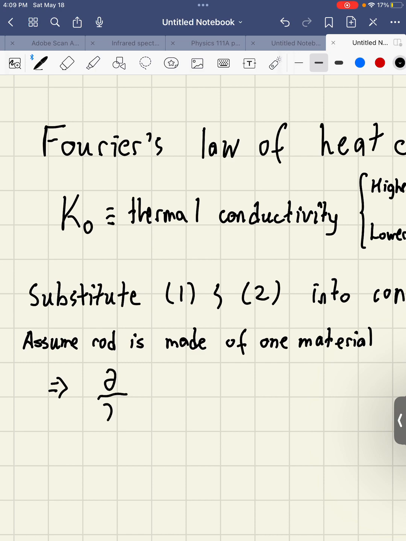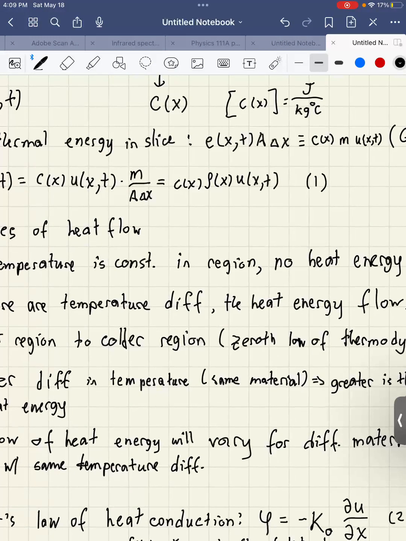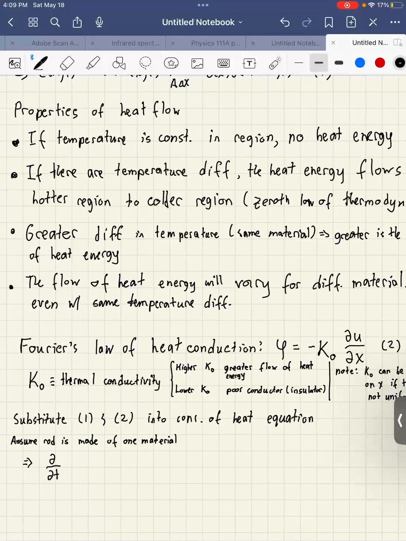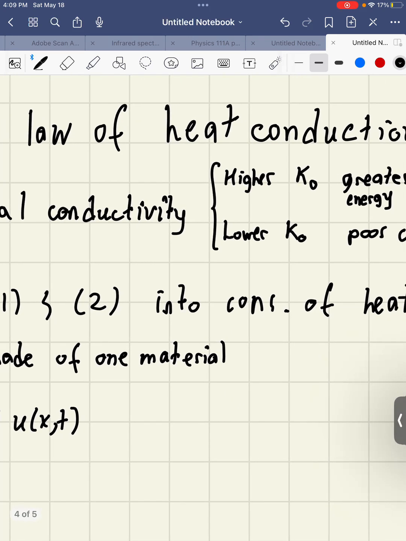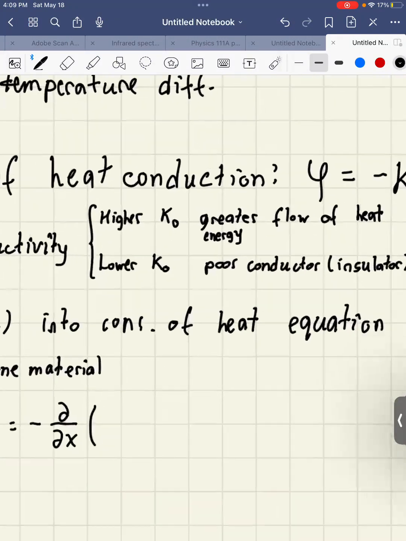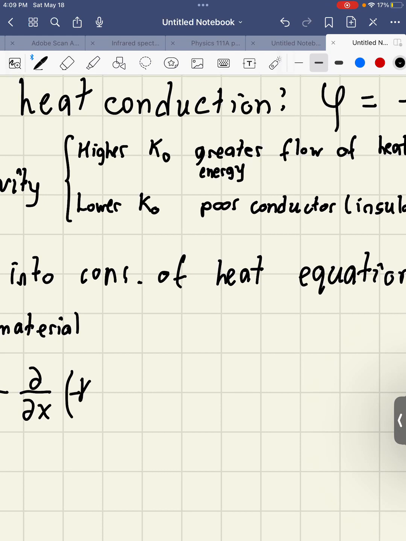So partial t: now instead of e, we're going to substitute this expression. So c times rho times u of x,t is equal to negative partial x of our Fourier's law, which is negative k naught partial u partial x, plus our q of x,t.